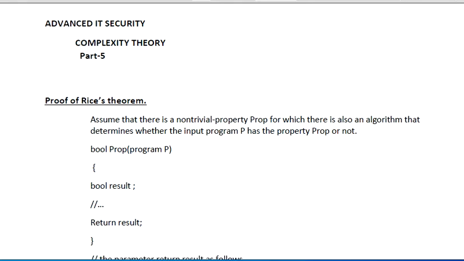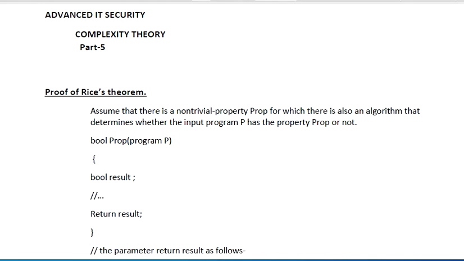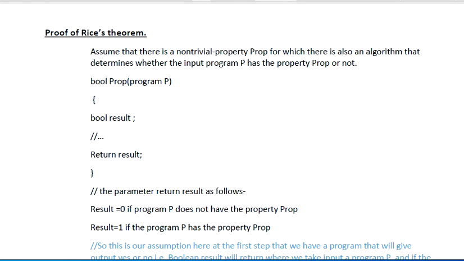We know that there is no such algorithm, so inside of this program it is empty. We assume some Boolean result and we will return the result. If it returns 0, that means program P does not have the property, and if it returns 1, it means program P has the property PROP.